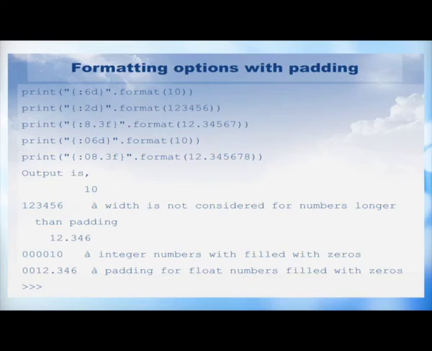So, 12.34567 will be printed as 12.346. As I told you, .3 represents 3 digits after the decimal point and 12 represents the integer portion. So, totally including the decimal point we have 6 characters, and the remaining 2 are left blank.